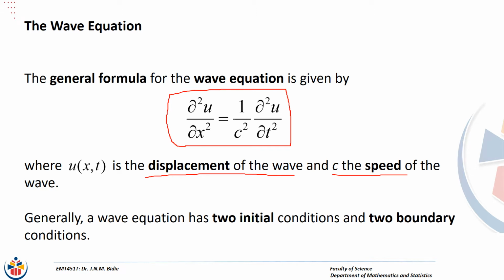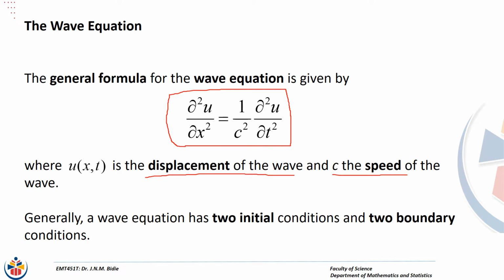Does the speed or the velocity of the stretched vibrating string change over time? And then how do we write the initial conditions and boundary conditions, depending on what happens at the start and at the end of that particular string.